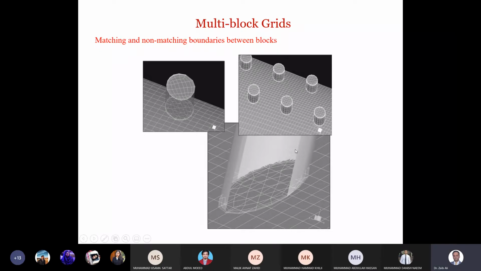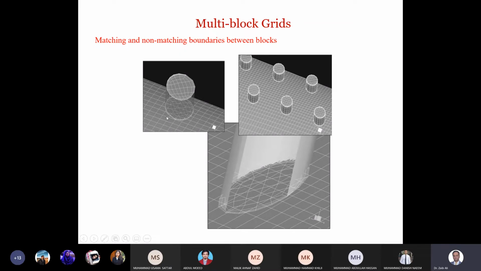So this is another example of matching and non-matching. The underlying mesh is coarser, bigger in size, but to capture these small bolts or structures over here, you have a smaller mesh.